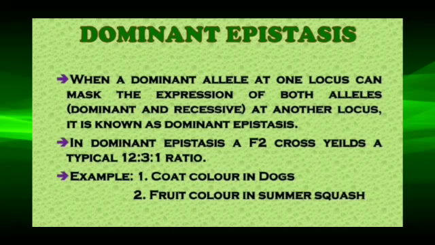In other words, the expression of one dominant or recessive allele is masked by another dominant gene. This type of epistatic interaction is also referred to as simple epistasis. There are two examples: one is coat color in dogs, another is fruit color in summer squash.